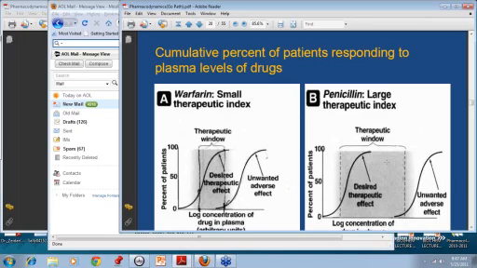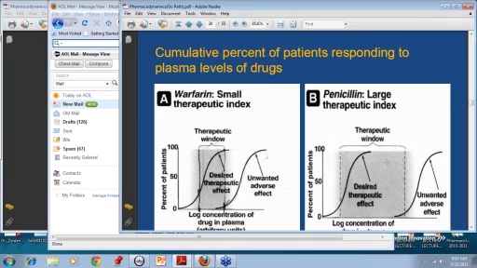And that's a very important parameter that you need to address when you talk about side effects of drugs and things like that. So from that, we can determine the therapeutic index, and that's a term that you have to be familiar with and appreciate. So what is it essentially?